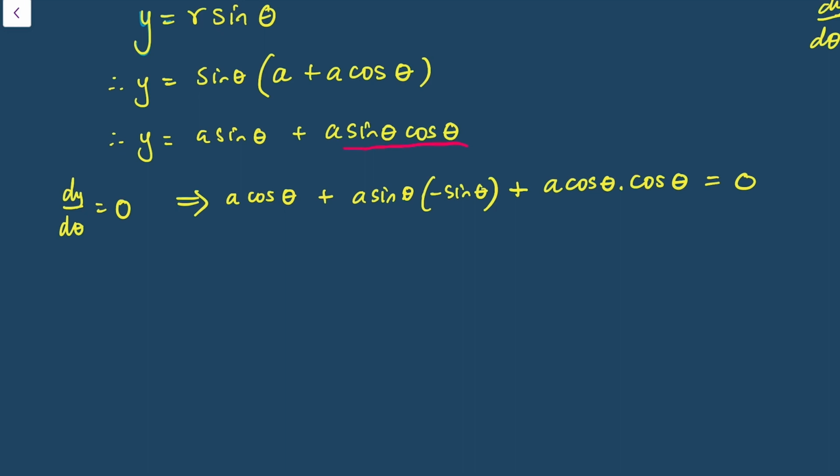So straight away I also notice I can divide by a, the constant that we have, and I end up with cos theta minus sin squared theta plus cos squared theta is equal to 0.